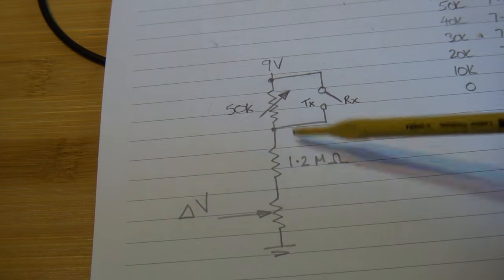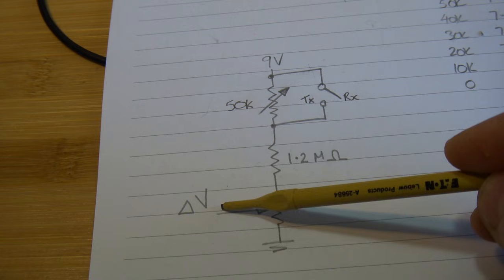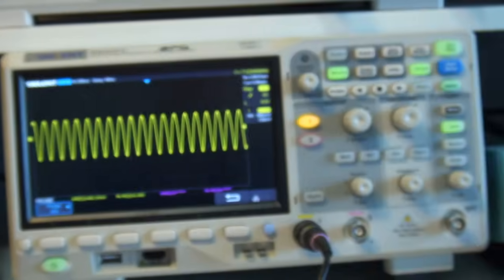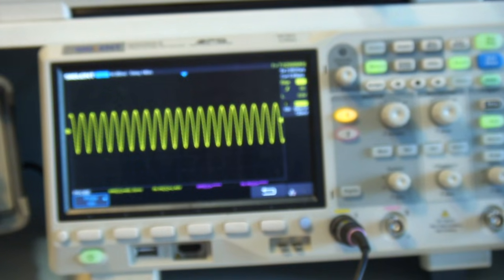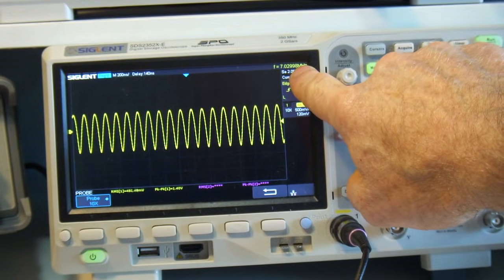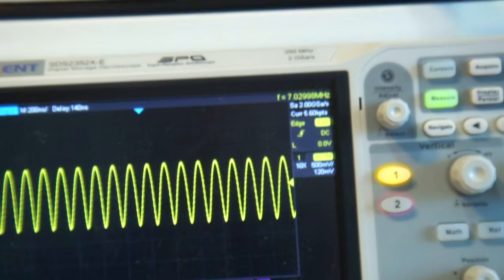So the full 9 volts will be applied to that 1.2k, which will result in a known frequency. As an example, I won't zoom up on it, but we have a frequency here of roughly 7.03 megahertz.